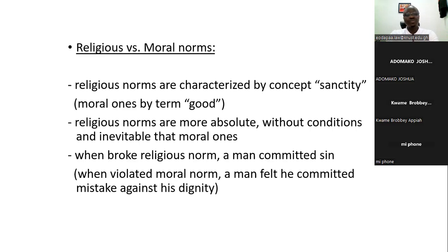When we say they are absolute, that is to say they are prescriptive, they are dogmatic, they are not negotiable. For example, Christianity tells you to love God, love your neighbor, okay? And the Lord Jesus said that is the summary of the whole law. Now, that teaching is absolute in the sense that you cannot qualify it or introduce conditions, right?